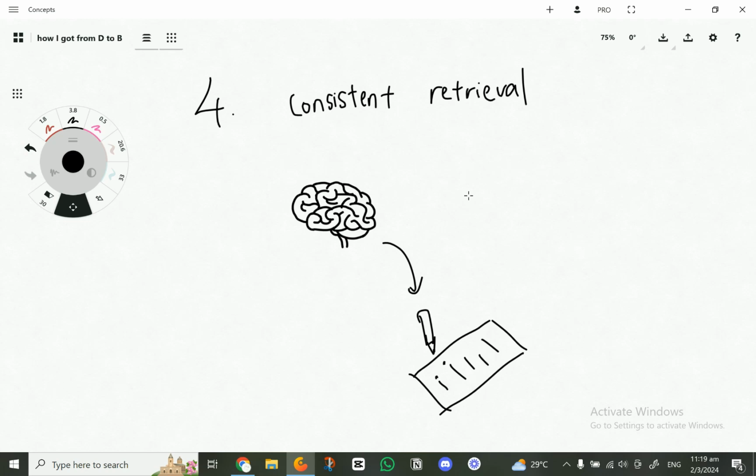Retrieval or revision includes the basics, which is doing practice papers, of course. Or you can do a brain dump, which is spamming everything you know of a topic on a piece of paper to find gaps, like mentioned earlier. Or you can teach an imaginary student, and so on and so forth.